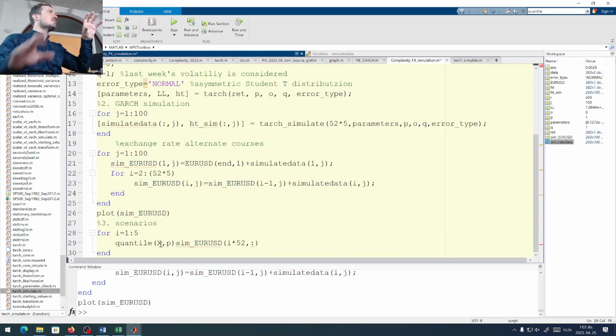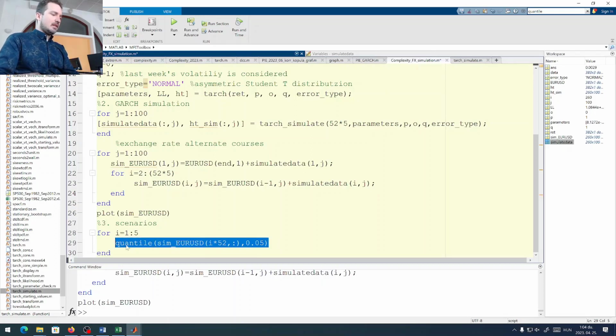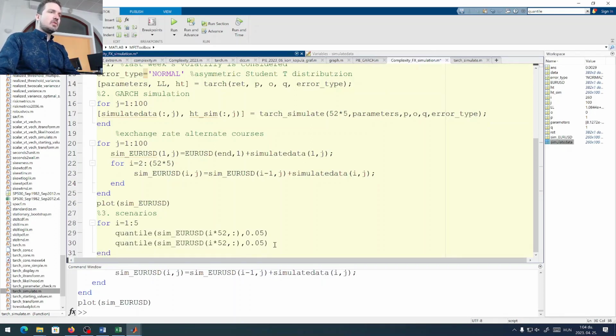If I would like to find the fifth quantile, it means that it's located at the tail, so at the extreme part of the distribution, not in the medium part. So let's grab this and then put it here, and say that I need the 5%, and if I'm defining the other, 95%, it will define the other extreme part, and if I'm defining 50%, it will be the medium.